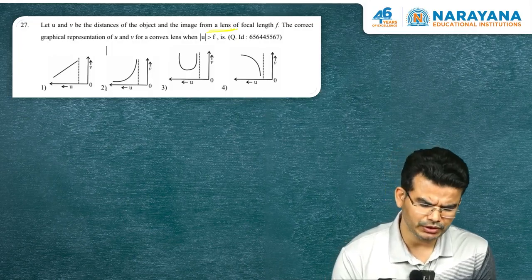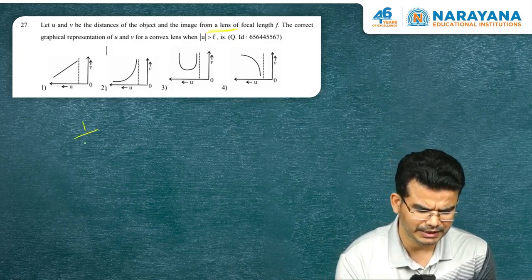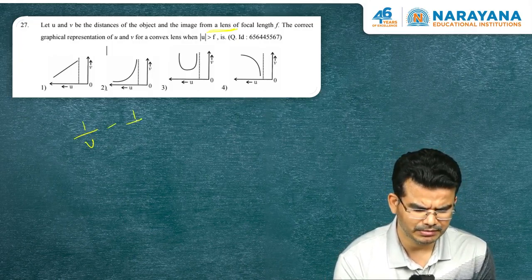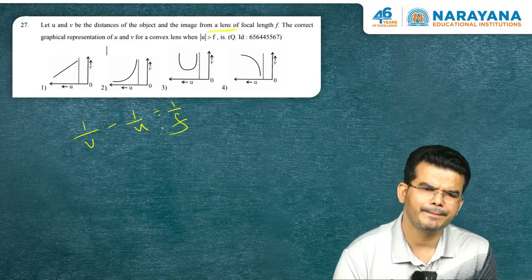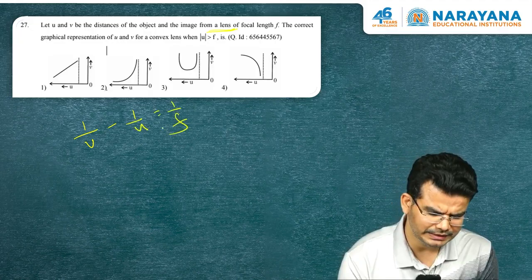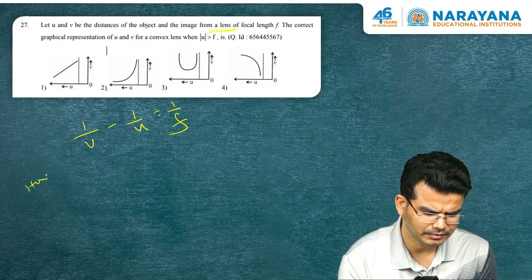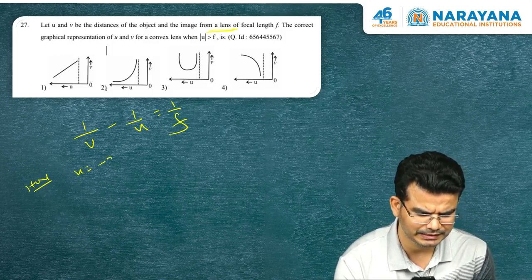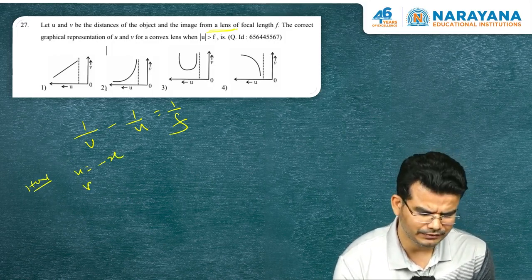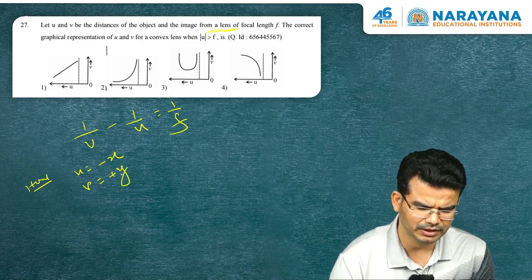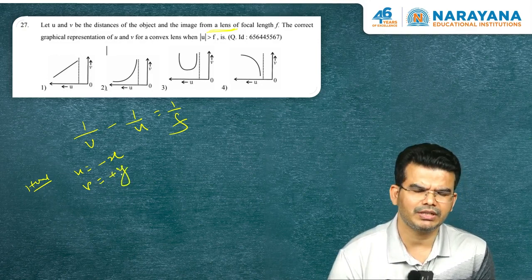We know the lens formula: 1 by v minus 1 by u equals 1 by f. Now for the real scenario, let us say u equals minus x, and v will be plus y, because we are talking about a real image.